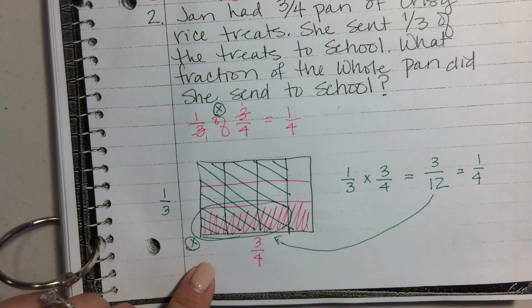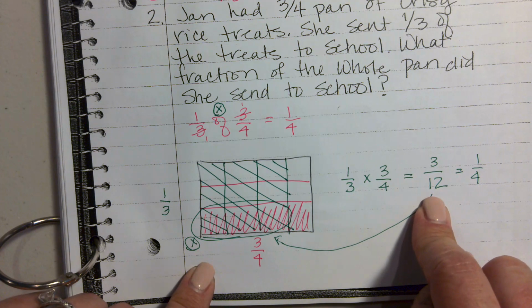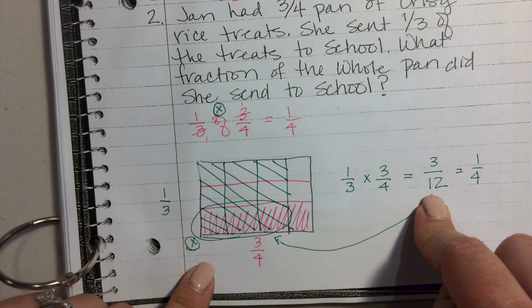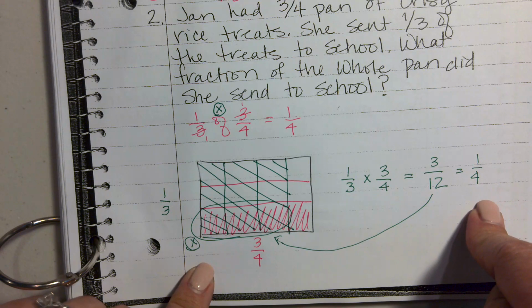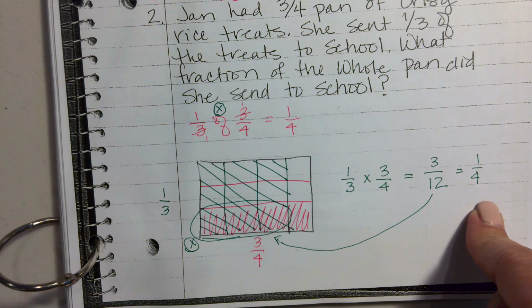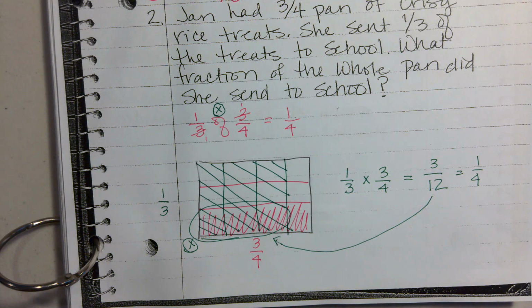Well, you created twelfths. How many twelfths represent 1/3 of 3/4? 3/12. So what is 3/12 in its simplest form? 1/4. So we have just solved 1/3 of 3/5 is 1/5 and 1/3 of 3/4 is 1/4.